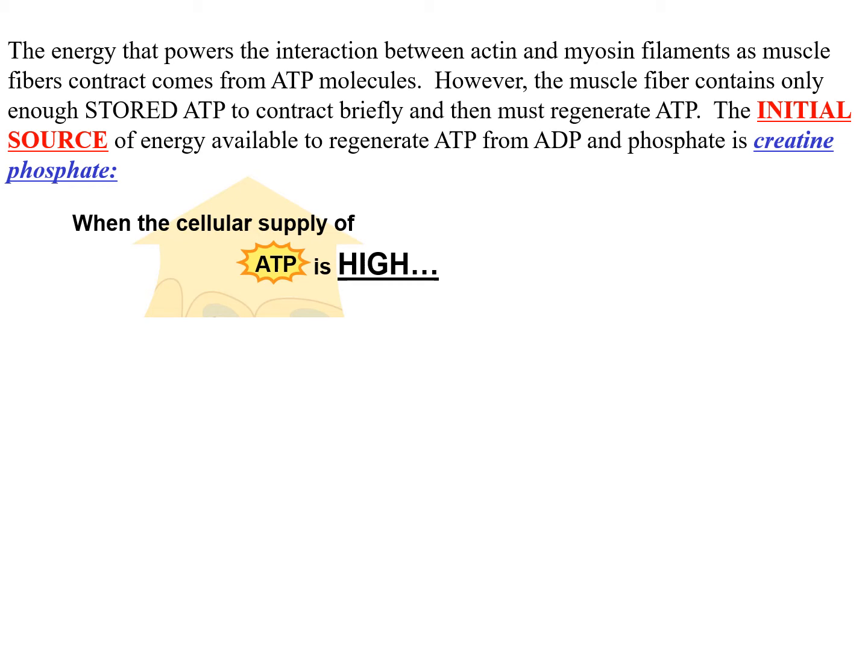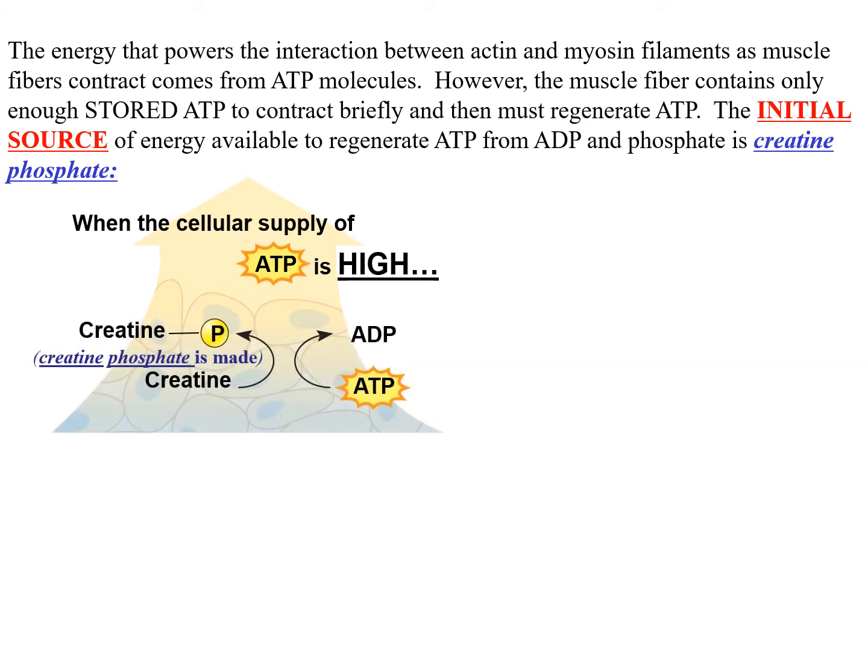But initially what the cell will do in an attempt to generate some ATP, if it's at rest, is it will utilize a compound in muscle. And so here you see when the conditions are such that the cell isn't really contracting much and there's a lot of ATP available, then what the body's going to do is take that excess ATP and actually degrade it into ADP.